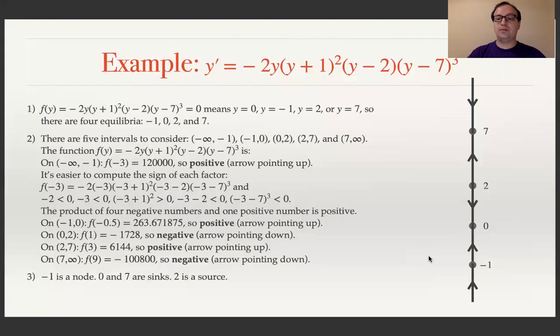The behavior of solutions below the smallest equilibrium or bigger than the largest equilibrium is not completely determined by the phase diagram, but we can still tell a great deal about them by looking at the phase diagram.